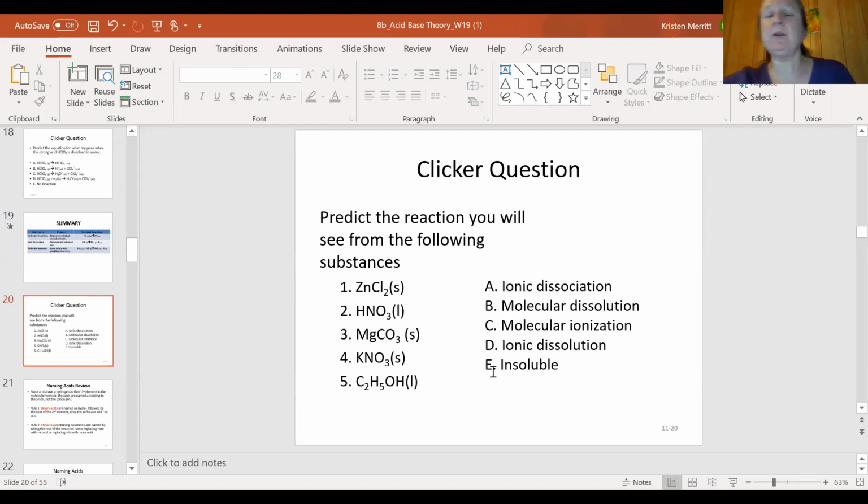And I actually really like the structure of this question. So expect something like this on exam 4, where you get a compound or a molecule and you have a pull-down menu where you have to tell me what kind of reaction it has in water. So I'm going to go over to the whiteboard.